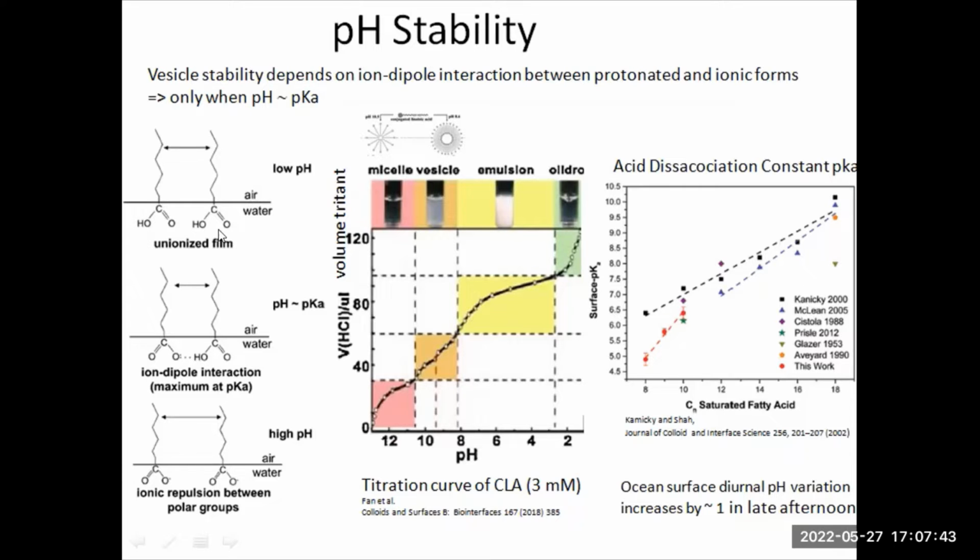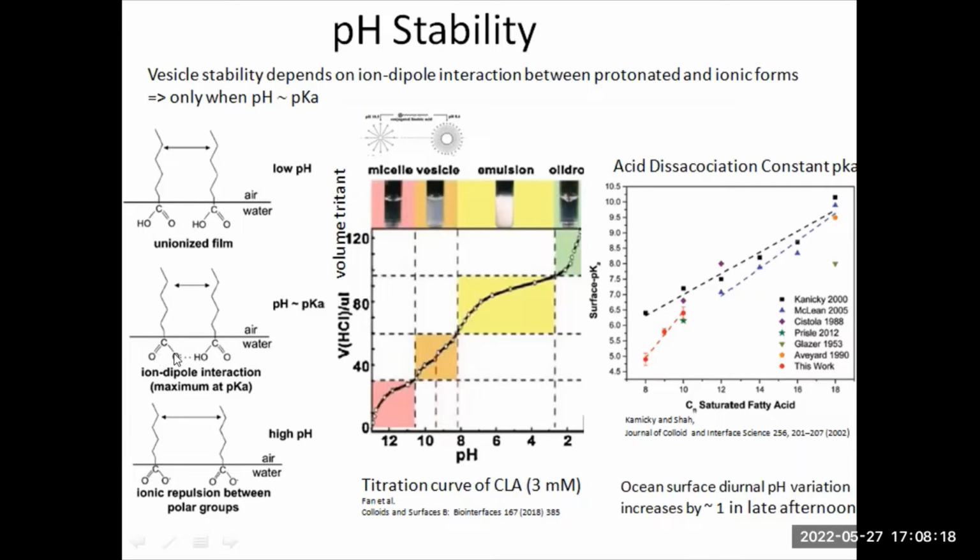So at low pH, we have a lot of protons in the water, and so we don't get the removal of these hydrogens. But now as we go to a pH which is about equal to the pKa, which is the acid dissociation constant of the fatty acid, and here we have plotted on a graph the size of the fatty acids in number of carbon atoms and its pKa value. Once we get to this value, the pH in the water about this value, then we can start to lose hydrogens.